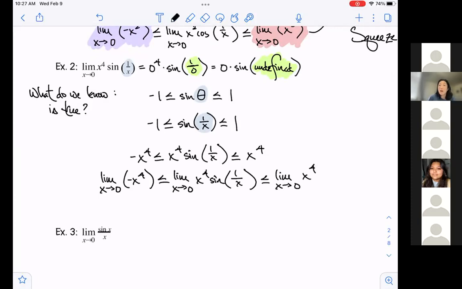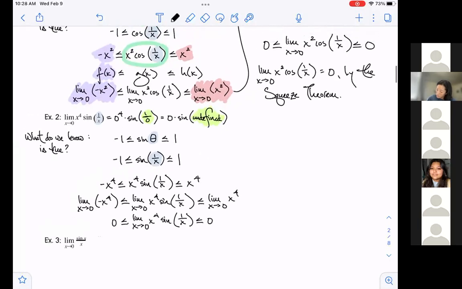Now we can try substitution again. We should get 0 squeezing from both sides. So in other words, our capital L that we saw on the other page is 0.